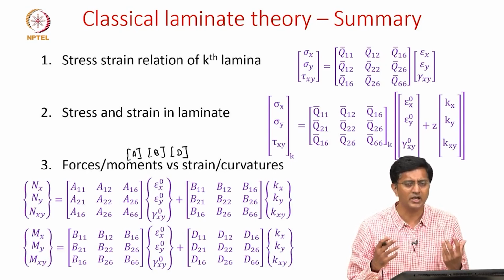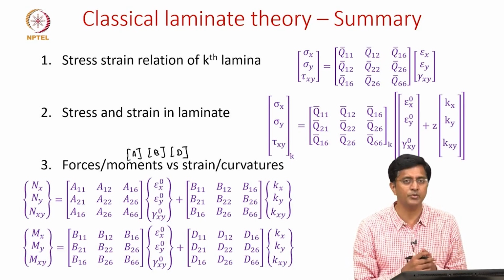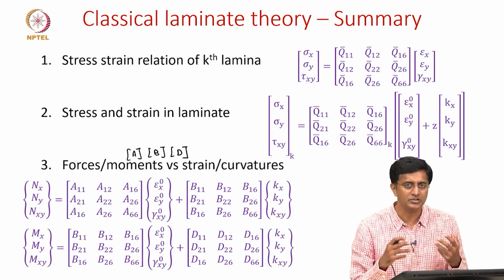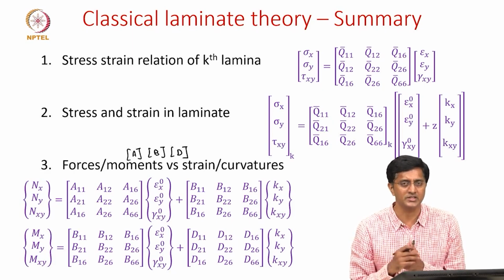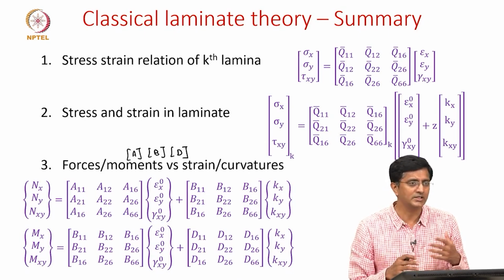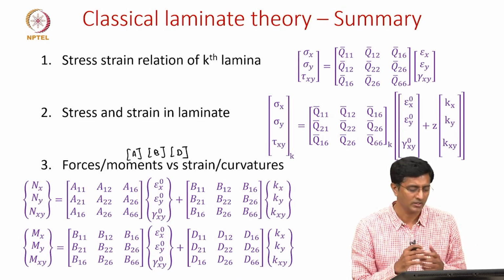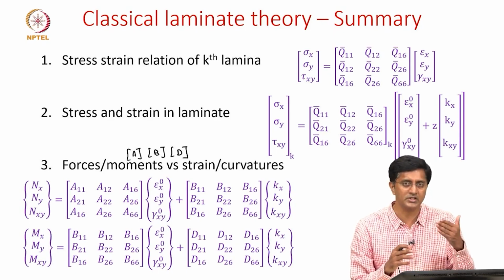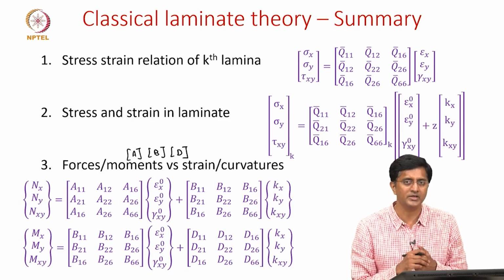But there is actually a wealth of information one can see in these ABD matrices, meaning there is lots of physical insight once we look at special cases. So in the coming videos, we'll look at special cases of laminates. Let's say there is a symmetric laminate. How do these ABD matrices look? Or if some of these layers are replaced from orthotropic to isotropic material, how do these ABD matrices change?